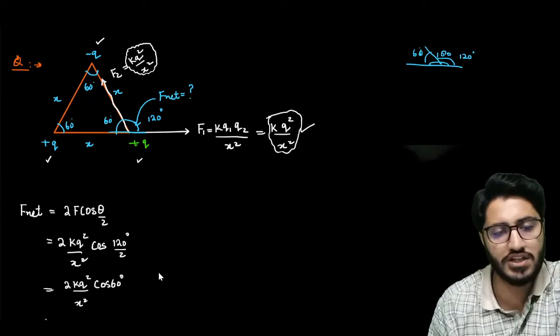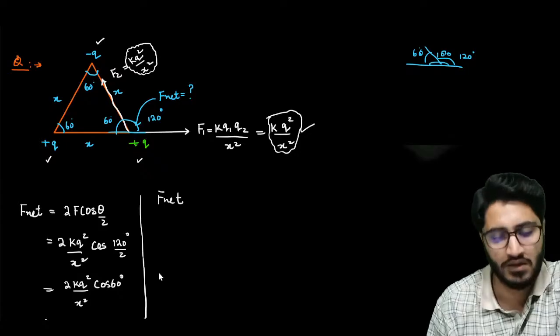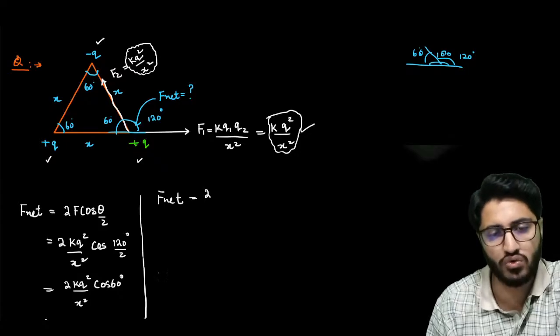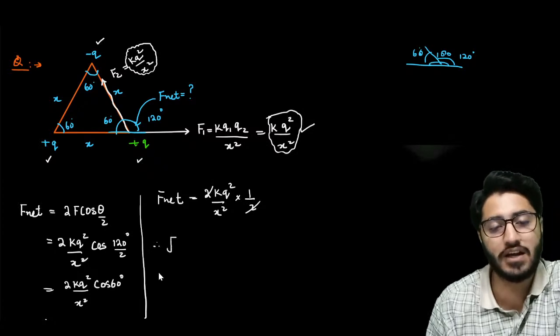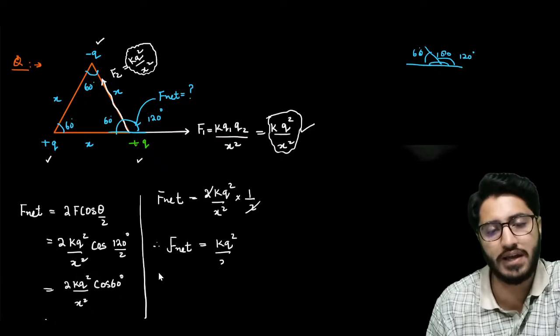And cos 60 degree, look, I can write here F net is equal to 2kq square by x square. Cos 60 is how much? It is 1 by 2. Cancel out. So therefore, my net force on this plus q would be kq square by x square.